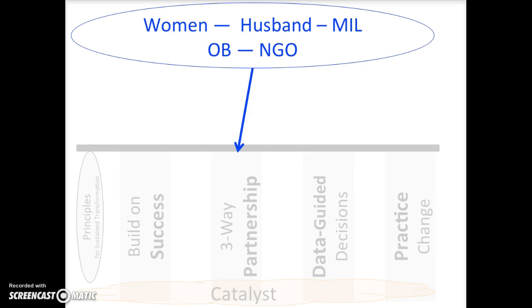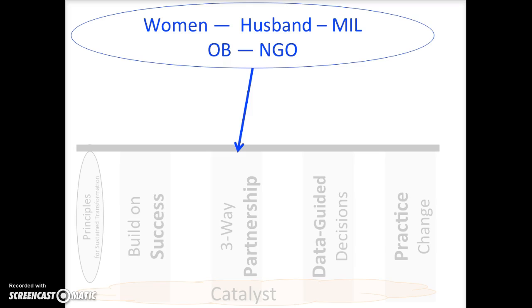And so what they did is they built on existing cultural norms by asking the husbands to, quote, give permission for their spouses to attend this women's only workshop, but to be accompanied by the husband's mother.